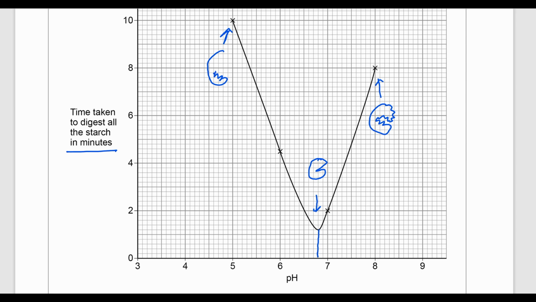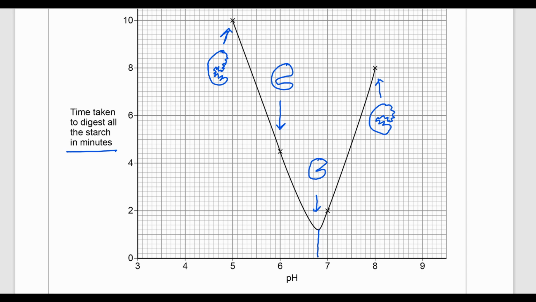What has happened is that the active site has changed shape, so it doesn't fit the starch anymore. At pH 6, for example, the enzyme active site has changed shape slightly, but it's still able to fit the starch, which is why it's not as slow as pH 5 or 8.